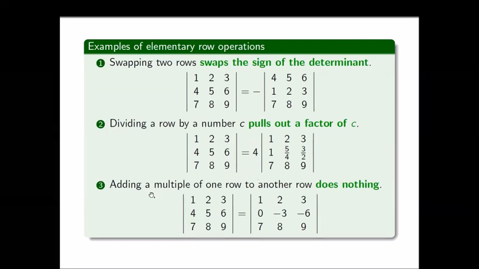And in the third example, we've added -4 times row 1 to row 2. If you compute the determinants, you will see that they are the same. So adding a multiple of one row to another does not change the determinant.